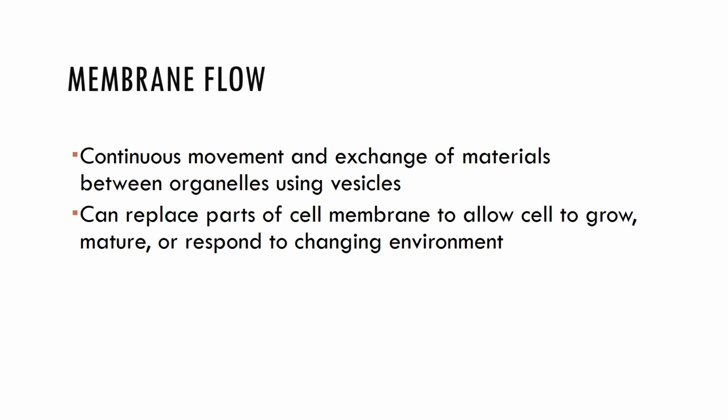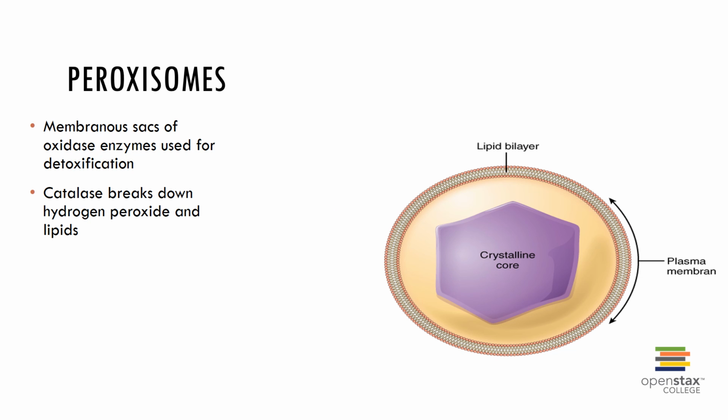So you can see that there's a continuous movement and exchange of materials between organelles and vesicles. This allows for the cells to grow, mature, and respond to the environment. And here is a picture of the peroxisome that I mentioned previously.